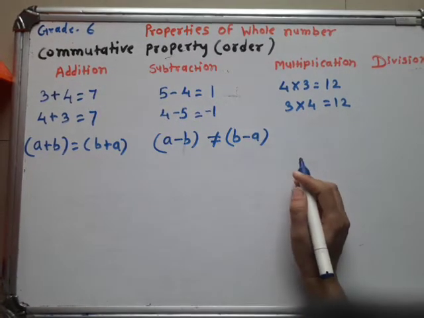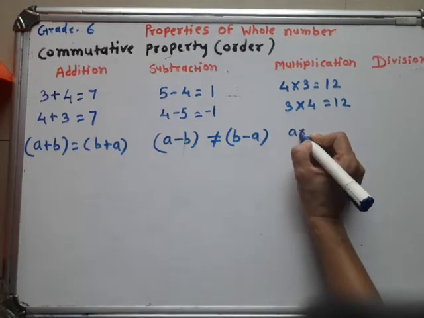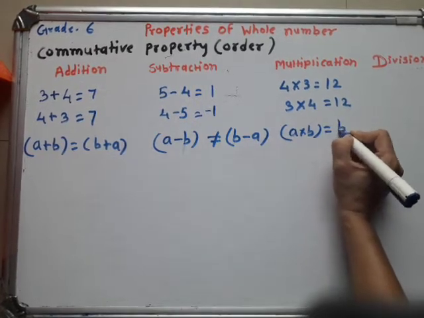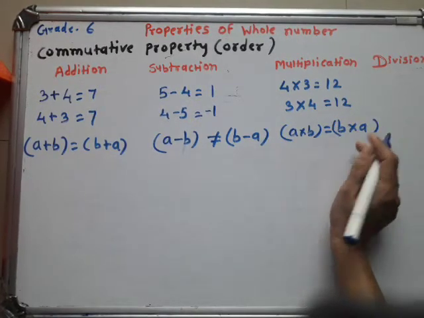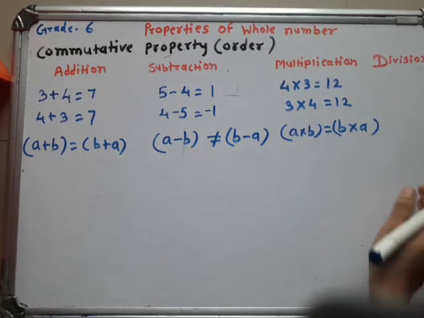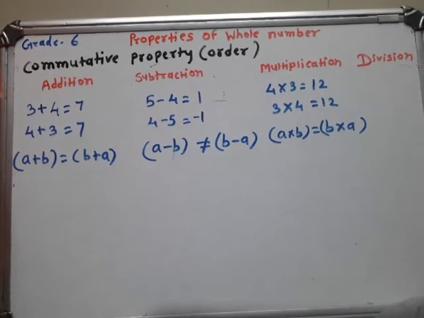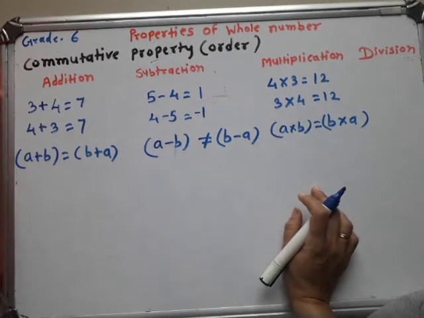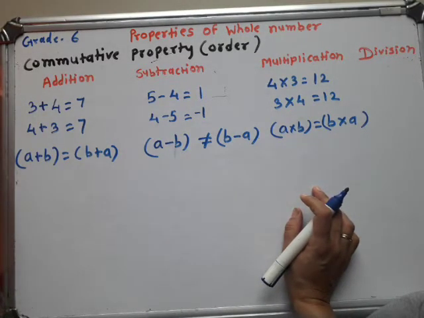So here you write a multiplied by b or b multiplied by a, we get the same answer. This is for multiplication. Means whole numbers satisfy the commutative property for multiplication.